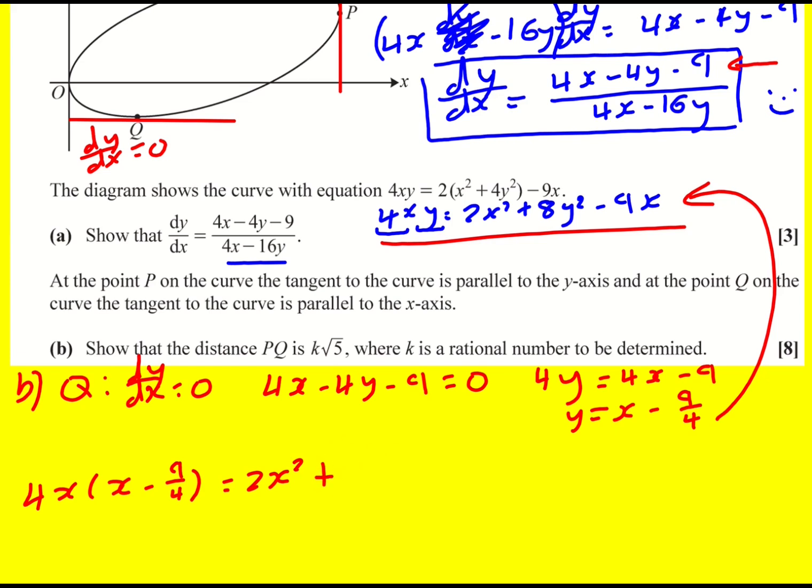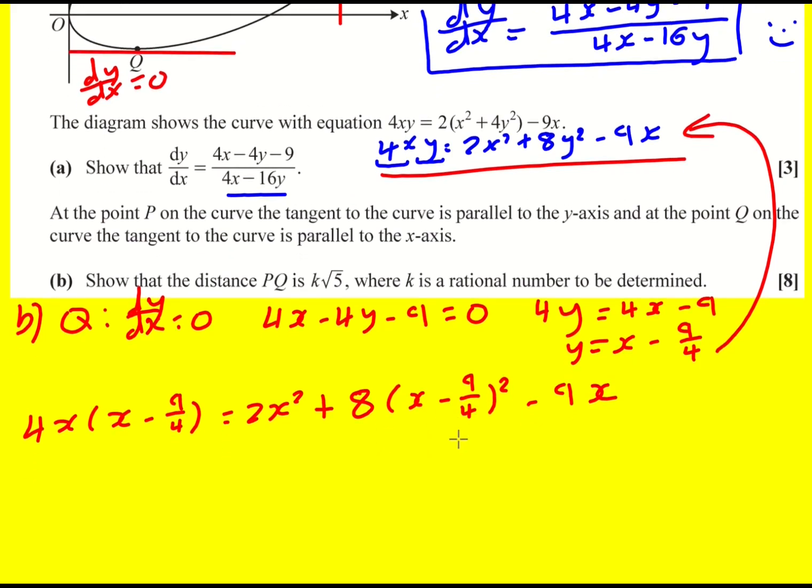I didn't really think about whether to substitute x or y in. It's actually going to be a little bit simpler to substitute y in because there's only 2 terms containing y, whereas there's 3 terms containing x. So 2x squared plus 8 times y squared, that's going to be 8 minus 9 over 4 squared minus 9x. Okay, just need to carefully deal with this now.